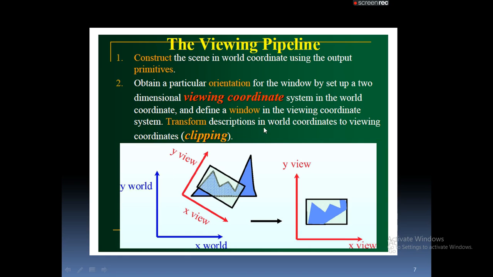Transform the description in world coordinates to viewing coordinates. Whatever object you created in world coordinates, you need to translate to viewing coordinates by defining the clipping window. As you can see, this is our world coordinate in blue color, and we have a viewing coordinate that is also a different Cartesian reference frame. But here one object is given.